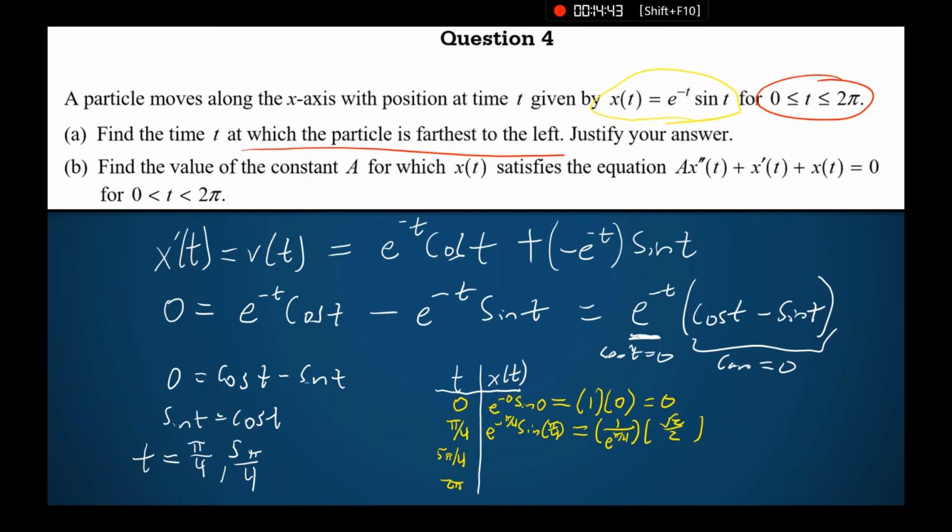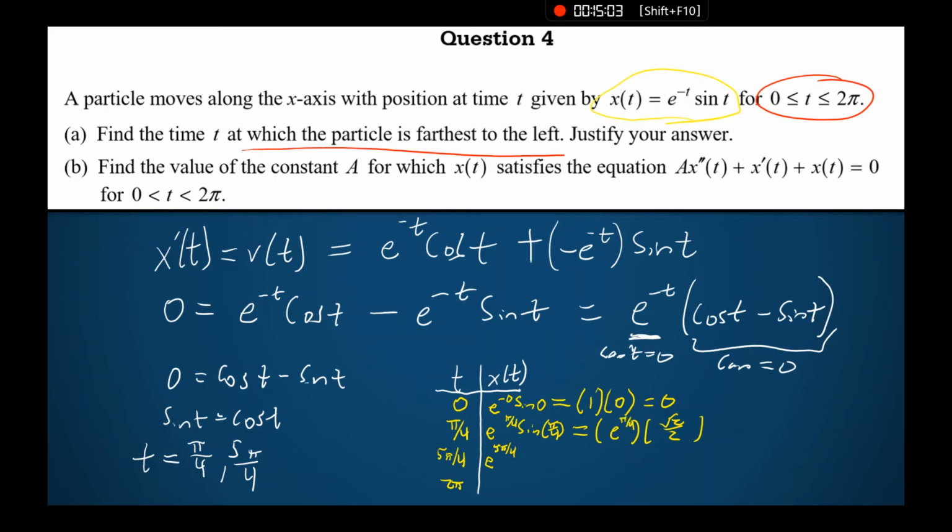Okay, my next value is going to be e to the 5 pi fourths. Oops, I'm sorry. That was positive pi fourths, not negative pi fourths. This will be e to the pi fourths. Easier than I had it.